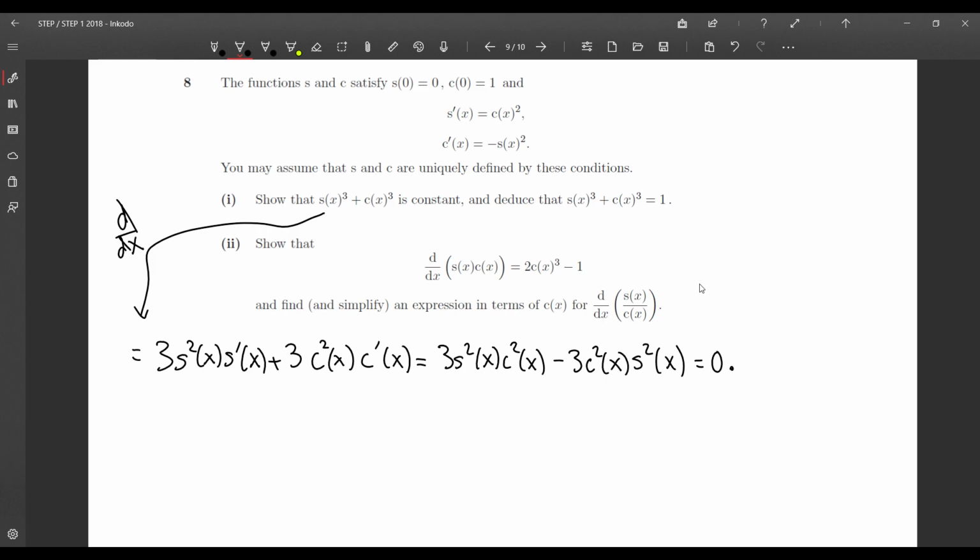Which means that this is a constant. And since s cubed of 0 plus c cubed of 0 equals 0 cubed plus 1 cubed equals 1, then s cubed of x plus c cubed of x must also equal 1.